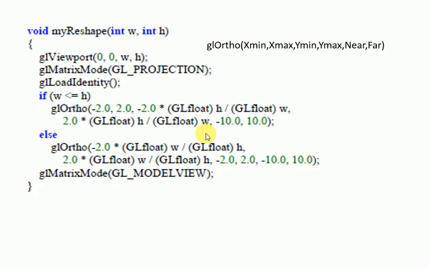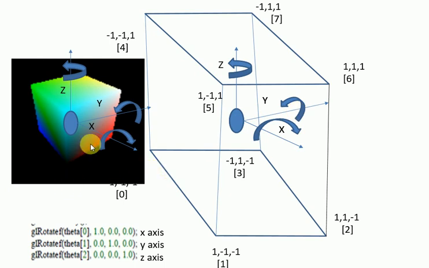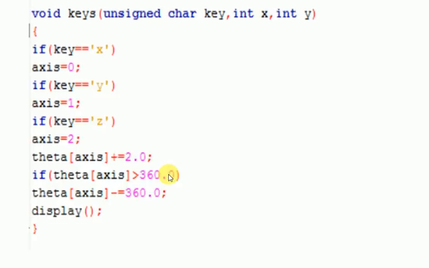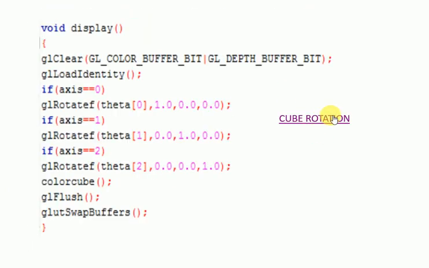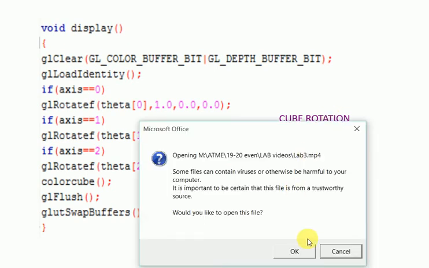And you can look here, this part is the orthographic projection: x minimum, x maximum, y minimum, y maximum, near and far. And the final output we would look at is this.